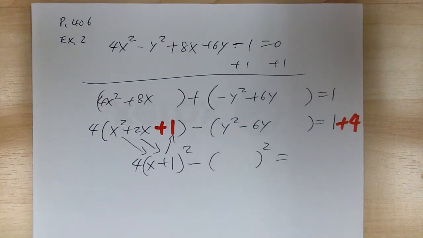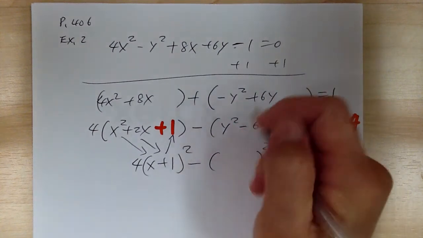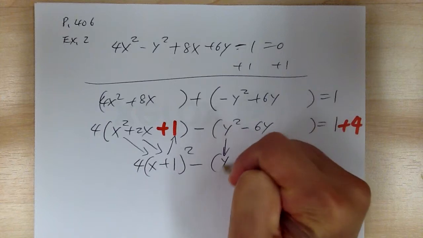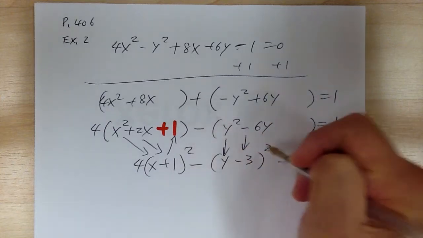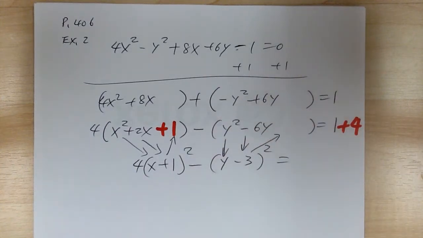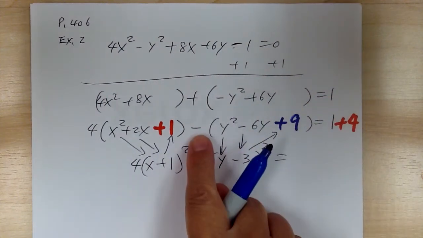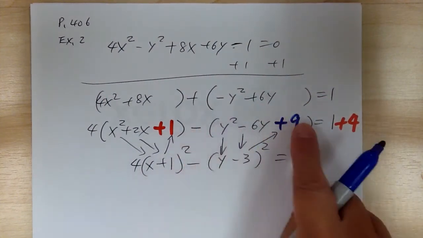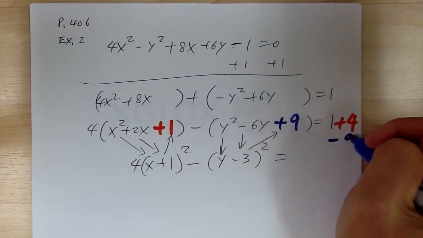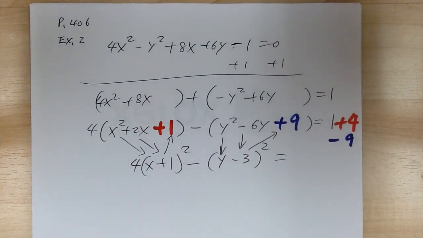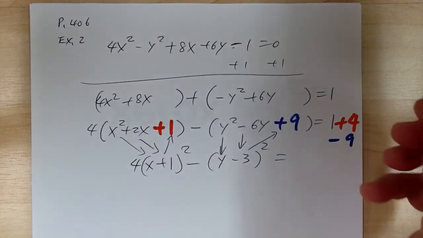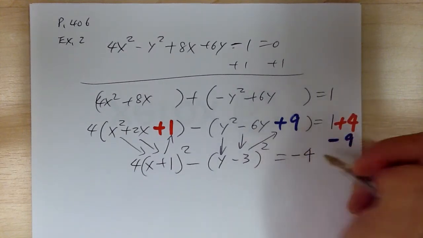You have to be careful with that. Now let's do the y. You get y, from here you get minus 3, so from here you get plus 9. But don't put plus 9, because there's a negative in front, so it'll be minus 9. And so you end up with negative 4.